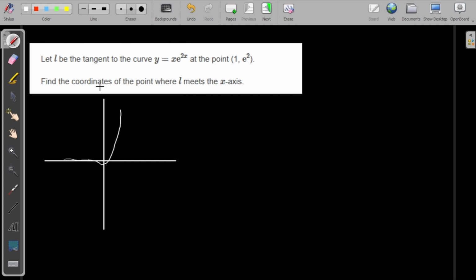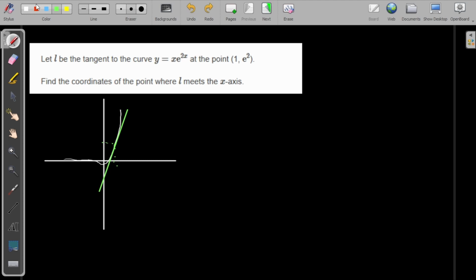Now find the coordinates of the point where L meets the x-axis. So I have a line L which passes through the point (1, e squared). Let's say that this point is here. So there is a tangent, and I want to find where this tangent meets my x-axis.